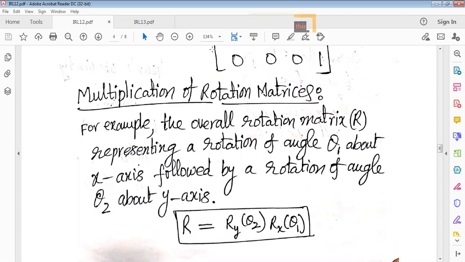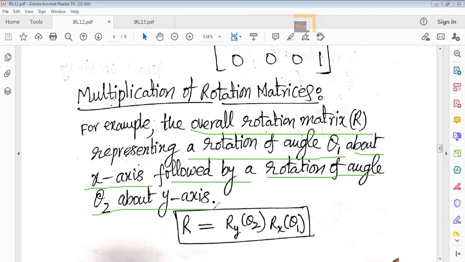So in this case, we are going to write the overall rotation matrix for the case of a rotation of an angle theta 1 about x-axis, which is the first action. It is followed by a rotation angle theta 2 about y-axis. So these are the 2 actions on frame 2 with respect to the frame 1.